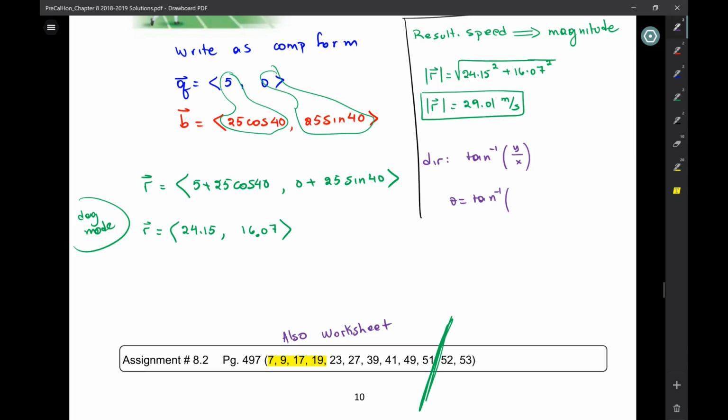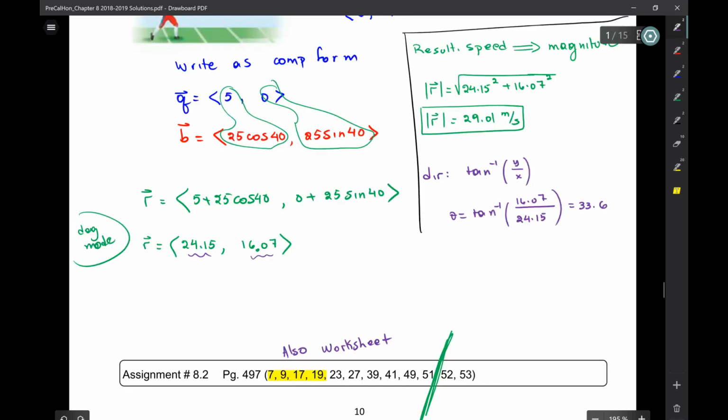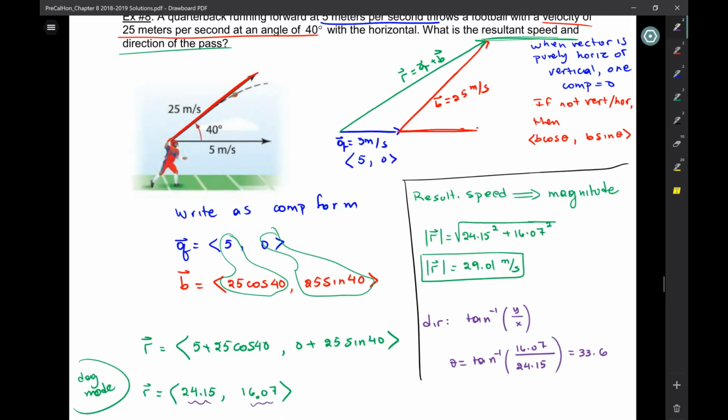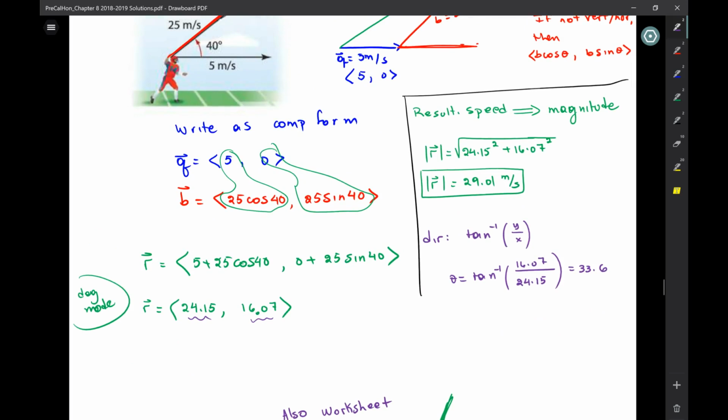So that's going to be this over this. So 16.07 over 24.15, that's 33.6. Let's think about that for a minute. 33.6 degrees.